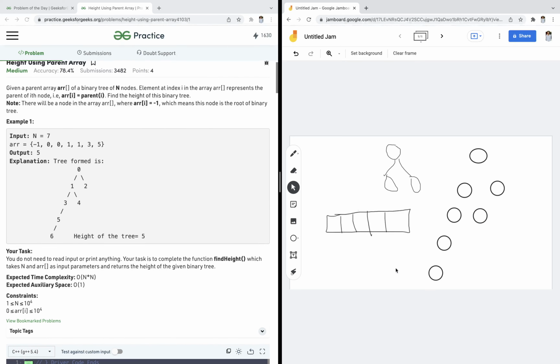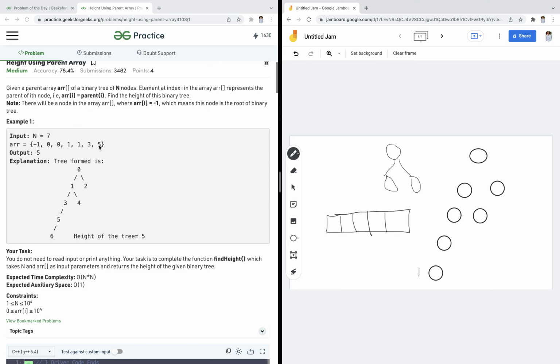We started from the last index 6, where the height of the tree was 1. We can start from here also, the count will be the same. If we count from the upward side or the downward side, the height will be the same, right? So at index 6, or node 6, the height is 1.